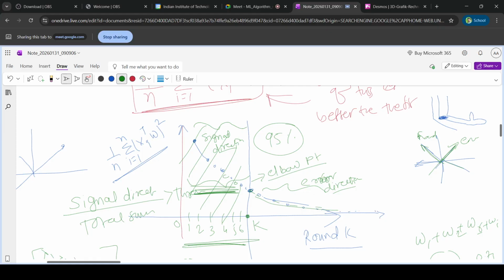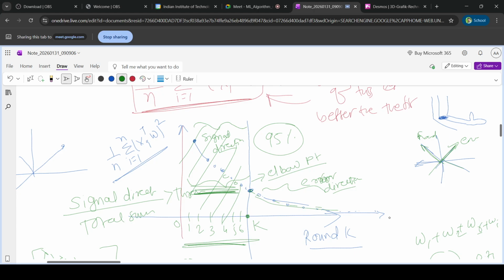So what you have to do is sum all the eigenvalues and figure out how much 95% of that sum is. For example, if the sum is 80, you have to find out how much 95% of 80 is. That 95% is maybe 75 or something. For example, 80, how much is 95% of 80?